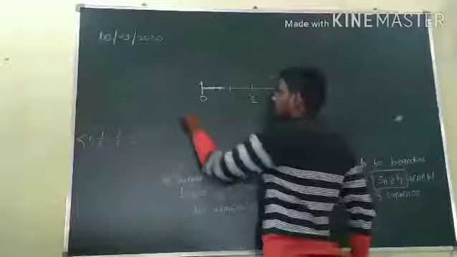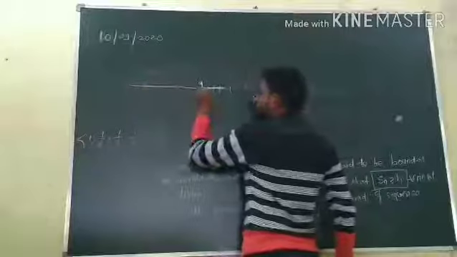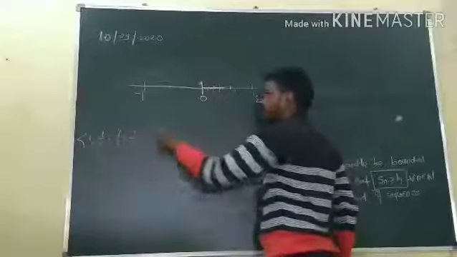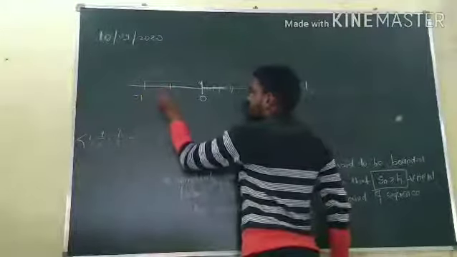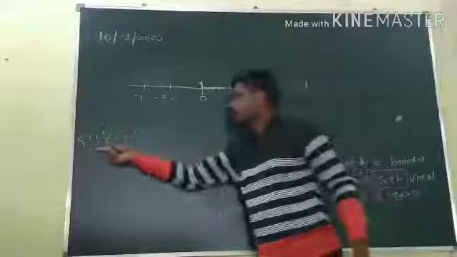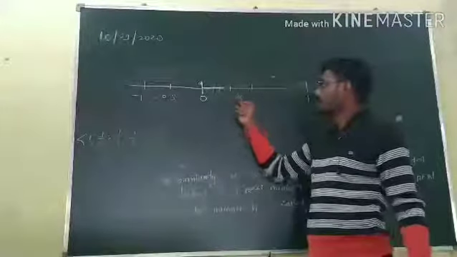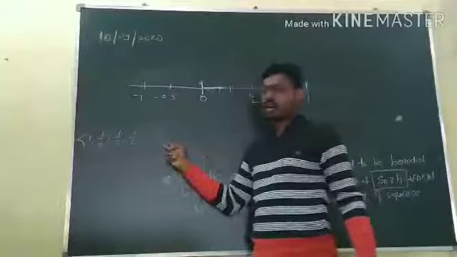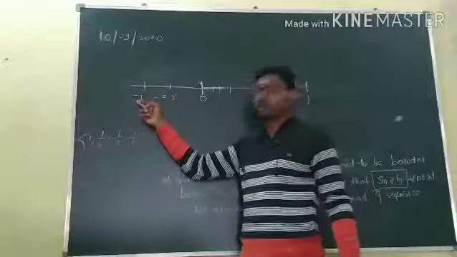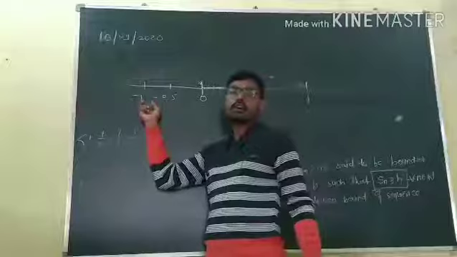And we can say also, so this is 0 and this is minus 1. This is minus 0.5. Minus 0.5 is also a lower bound. Why? Each term of the sequence is always greater than or equal to minus 0.5. Similarly, each term of the sequence is also greater than or equal to minus 1. So minus 1 is also a lower bound.